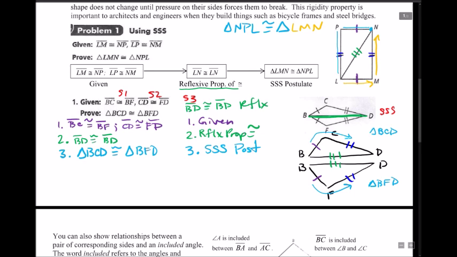So my first 2 sides, this is side 1 and side 2 here, are given to me. Side 3 comes from the reflexive property of congruence. And then I can write a congruence statement, and B, C, D is the same as B, F, D, and that's what I was asked to do.